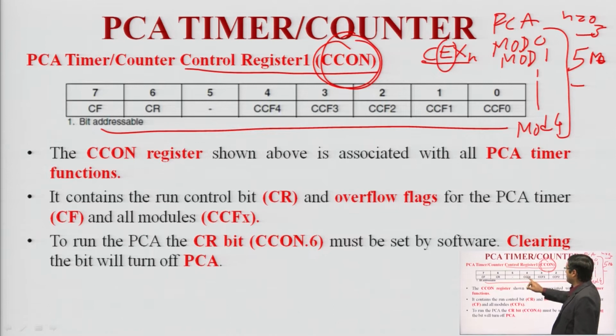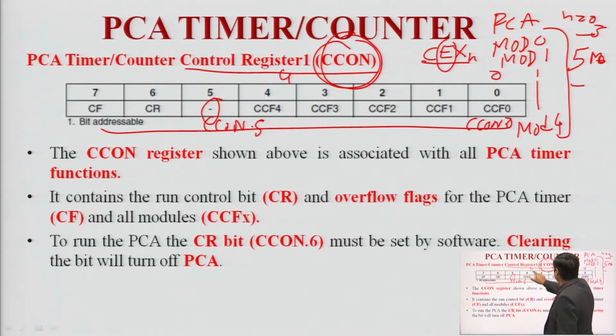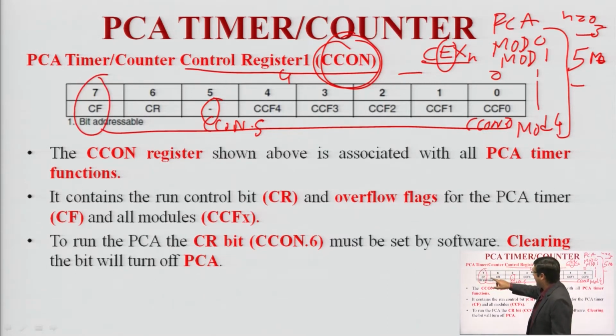Out of the 8 bits, 1 bit is not used, that is CCON bit 5, the bits being 0, 1, 2, 3, 4, 5. So, CCON.5 is not used, it is reserved for future use as a user configuration. Of the 8 bits, bits 0 to 4, that is 5 bits, are reserved for the CCF capture compare interrupt flags, and the 7th bit represents the overflow flag, and the 6th represents the counter run control.